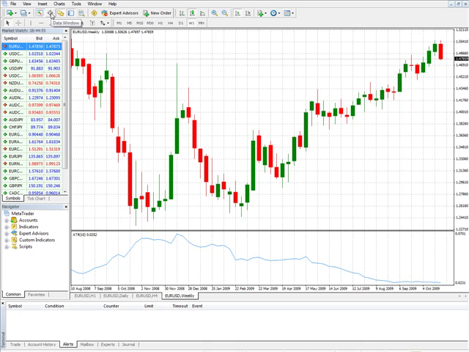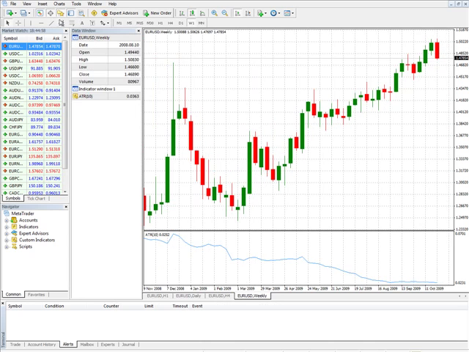In fact, let's go up here, click on data window, and you'll see that our ATR, our average true range, is listed right here as we scroll along each of these weekly prices. Now, the average true range is the average of the true range.